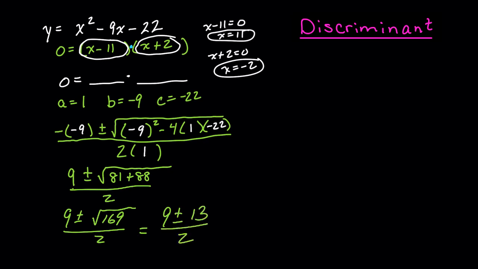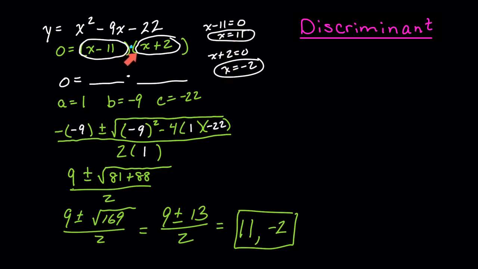Now, if this simplifies so that you end up getting rid of your radical altogether because this comes out evenly, then you need to go ahead and do the arithmetic here and get your two answers. 9 plus 13 is 22, divided by 2 is 11, and 9 minus 13 is negative 4, divided by 2 is negative 2. All right, so those are your two answers that we end up with using the quadratic formula, and these were the two answers we ended up with using factoring.